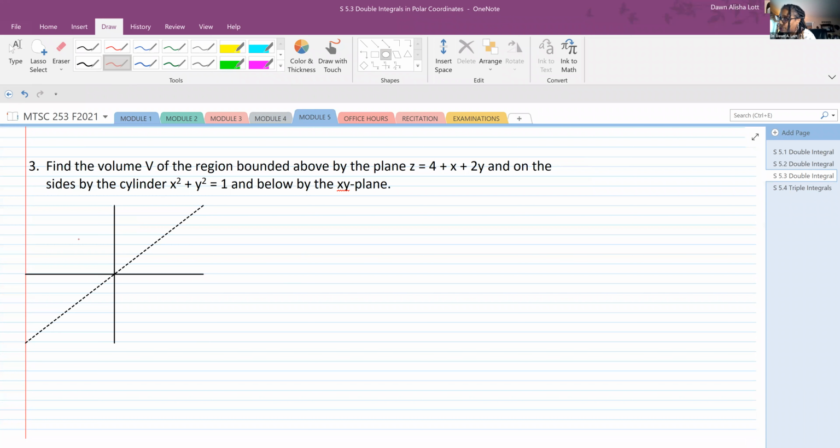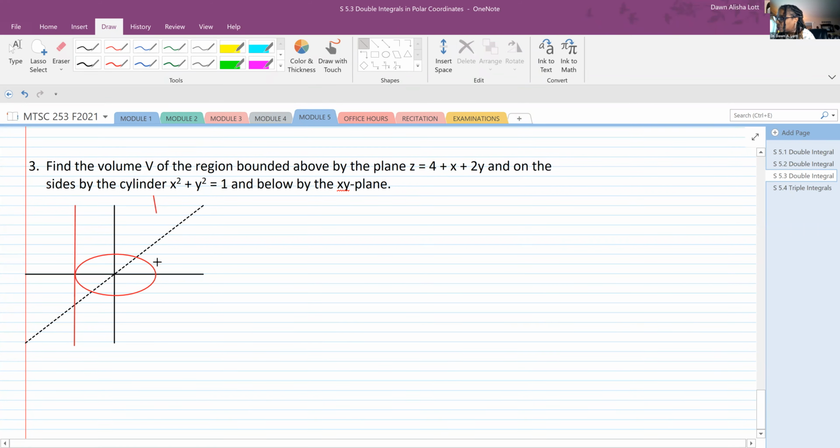I have a cylinder that looks like that. Okay, so I don't have to worry about what's happening below the XY plane.